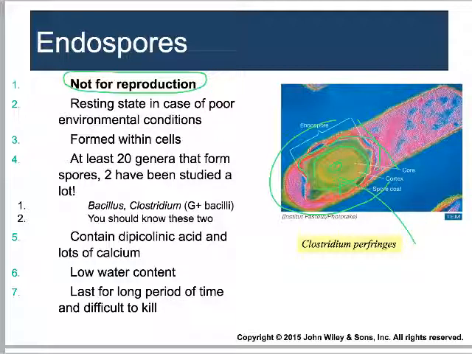There are probably 20 genera that have spores, but 2 have been studied a lot and are really important, and you need to know these 2, Bacillus and Clostridium. They're both gram-positive rods. We'll come back and talk about them more. But they form spores.